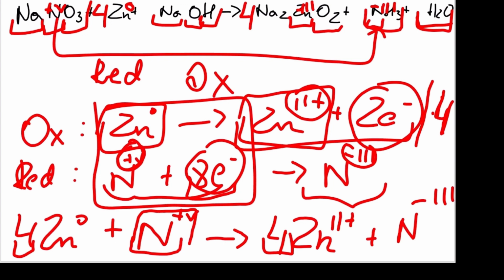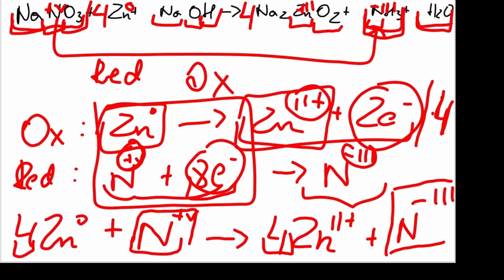The nitrogen-containing particle on the right also has only 1 mole or 1 particle. So in the front of ammonia and in the front of sodium nitrate, there is no more than 1 particle. Yes? So we do not fill in the front of these particles.